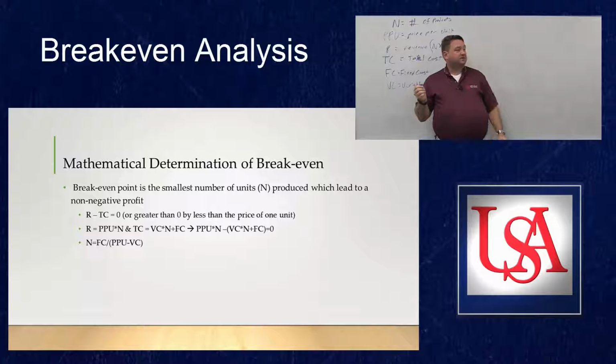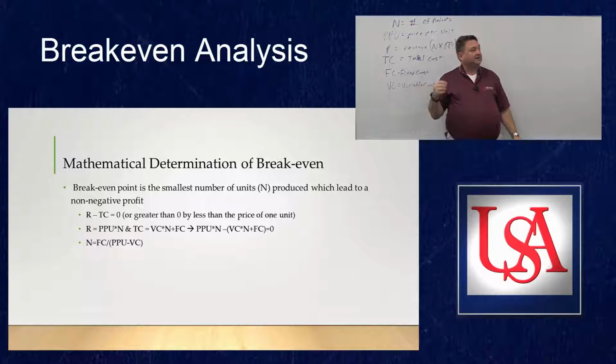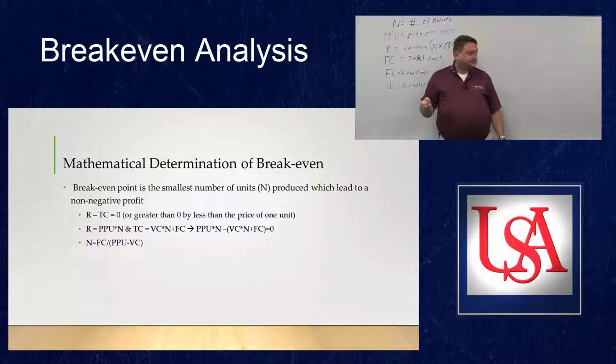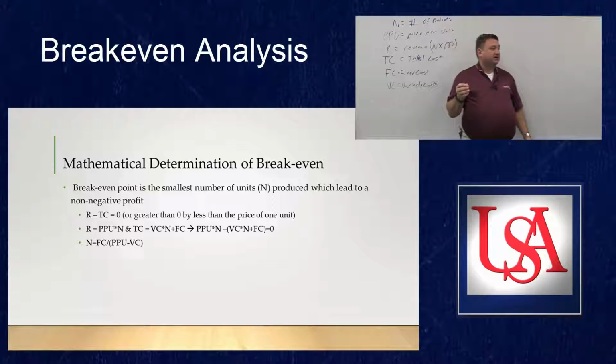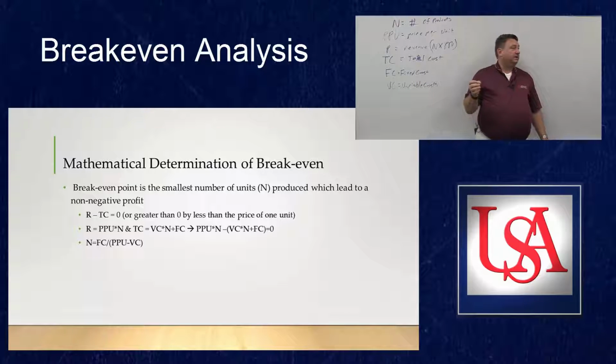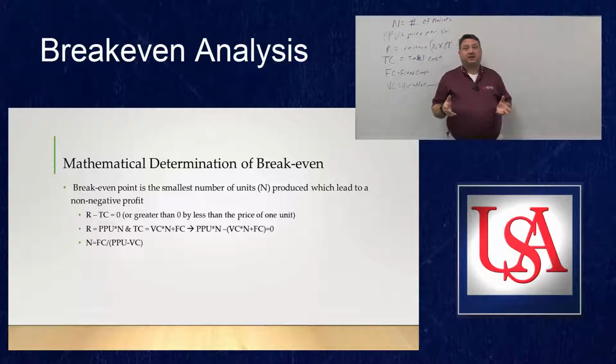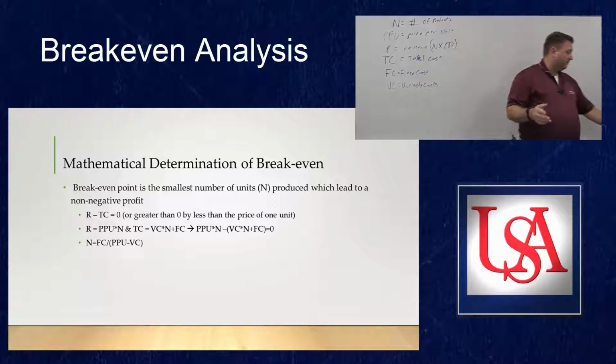So we substitute those things in and we get a new formula that actually gives us N. And that is fixed costs divided by the price per unit minus variable cost. That's the formula for break-even. If we can do that formula, we can determine break-even, and we can get all the numbers we need.